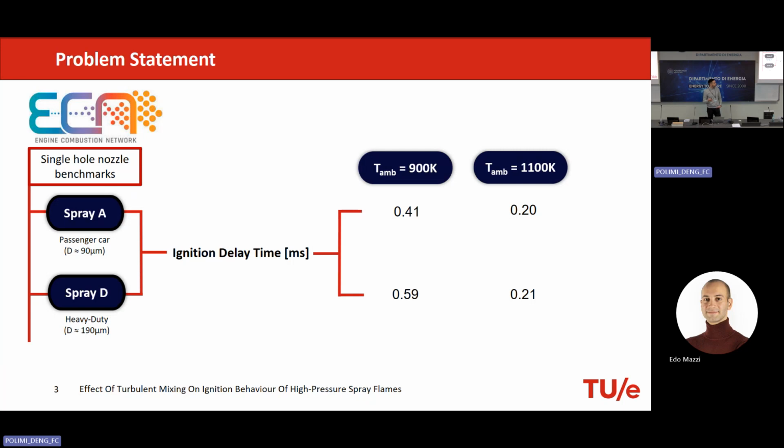And in particular, this work is focused on two diesel sprays: Spray A, which is representative of a passenger car nozzle, and Spray D, which is representative of a heavy-duty nozzle.